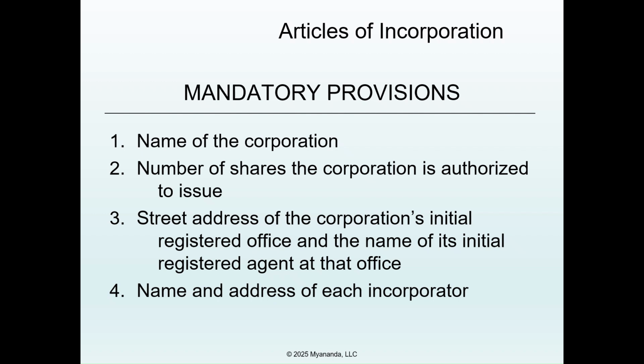They are two different things, a registered office and a registered agent, and they don't necessarily have to be the same place. The name and address of each incorporator is included. We set forth in the articles of incorporation the number of shares authorized for each class of shares. If the corporation issues only one class of stock, it's called common stock. And then we set forth the detailed information that we need.